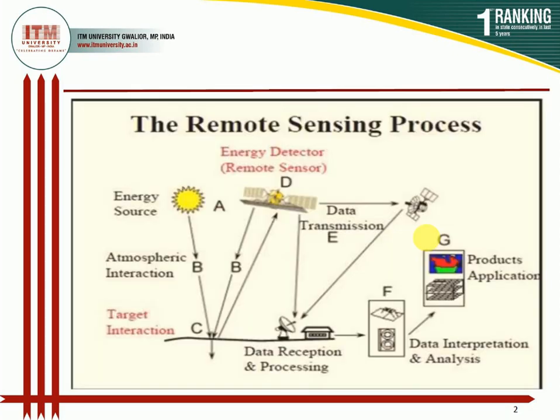In the remote sensing technique, there are two types of remote sensing. First one is active remote sensing, and second one is passive remote sensing. In active remote sensing, basically the source of light is artificial, means the satellite itself acts as a source of light. The satellite itself sends a pulse of energy to interact with the target. The target may be a vegetation, grass, water body, or whatever, a stone or rock.